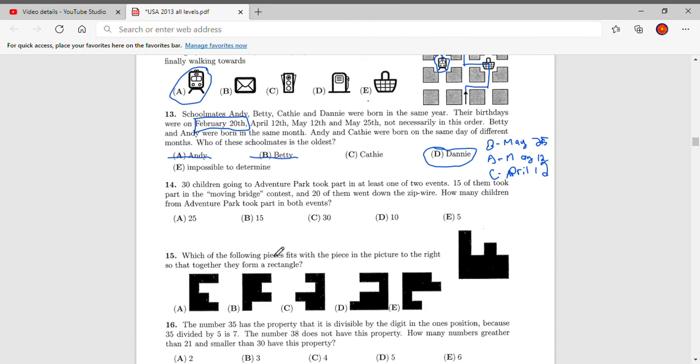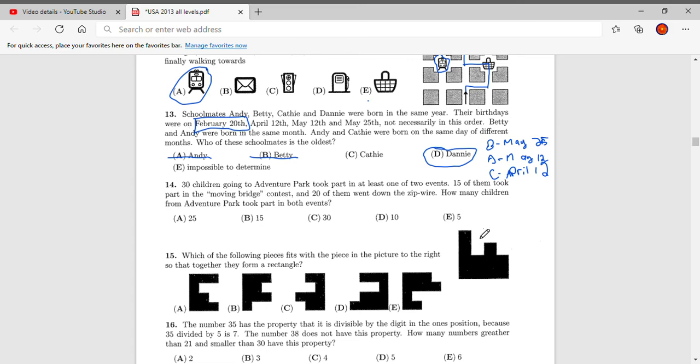14. 30 children going to Adventure Park took part in at least one of two events. 15 of them took part in the moving bridge contest, and 20 of them went down the zip wire. How many children from Adventure Park took part in both events? Here's a tip. Every time it asks how many are in both events and it gives you two or three events, you have to add up the amount of people in the events.